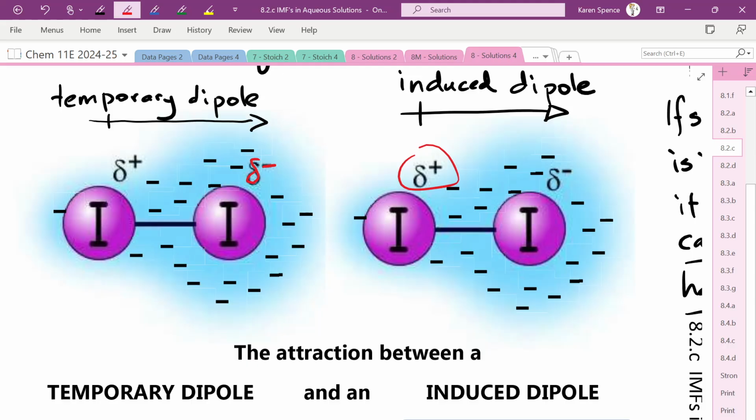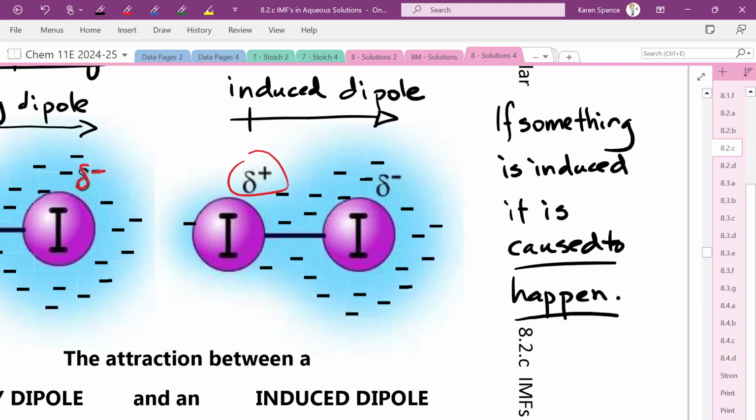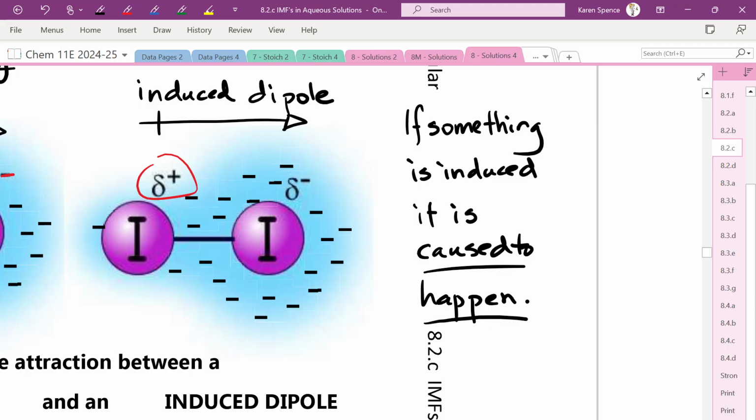Yes, they do, and they can, which is why these are not going to be super strong forces. If it was there all the time, it would be a much stronger force. Yeah, it can just randomly go back. Yes? Now, you do tend to get a bit of a domino effect with this, because you can see, oh, if I've got this temporary dipole and this induced dipole, then what might happen to the neighbor that's one over?